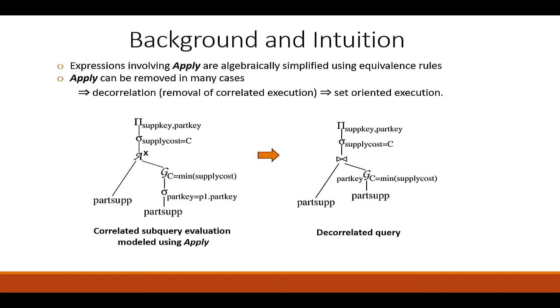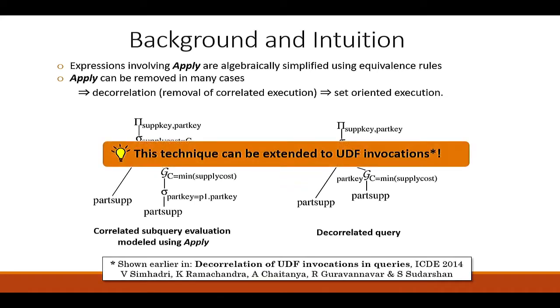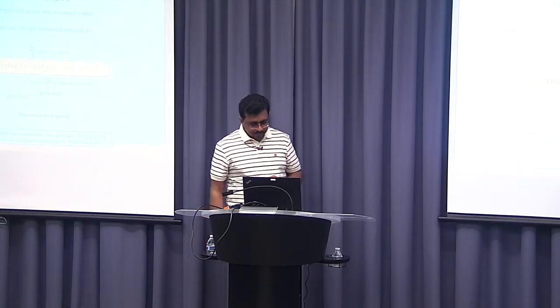Right. So this is the background, and what we are saying here is that this same technique can be extended to handle UDF invocations also, not just subqueries, but UDFs also. This was initially shown by that paper that I was mentioning in ICDE 2014, and we build upon that idea.